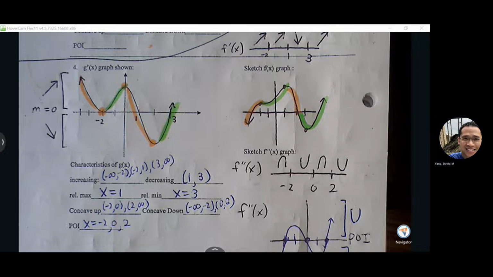It doesn't matter, as long as you get to that. Yeah, and so there's a relative max. It doesn't matter where. Negative number.